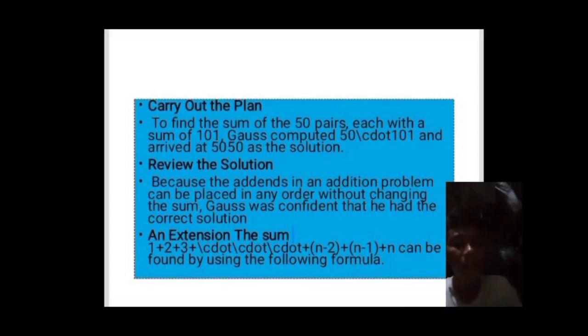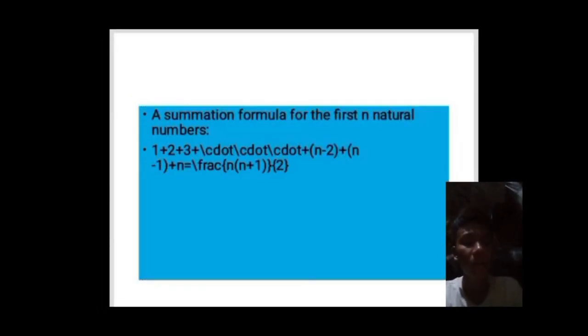An extension: the sum 1 plus 2 plus 3 plus ... plus (n minus 2) plus (n minus 1) plus n can be found using the following formula, a summation formula for the first n natural numbers.